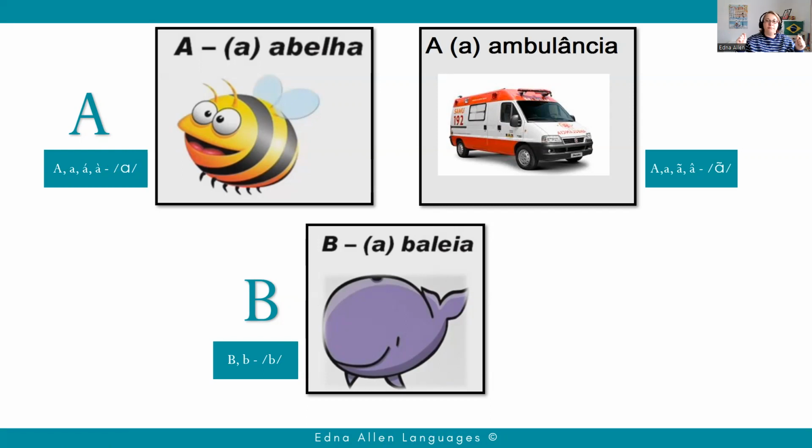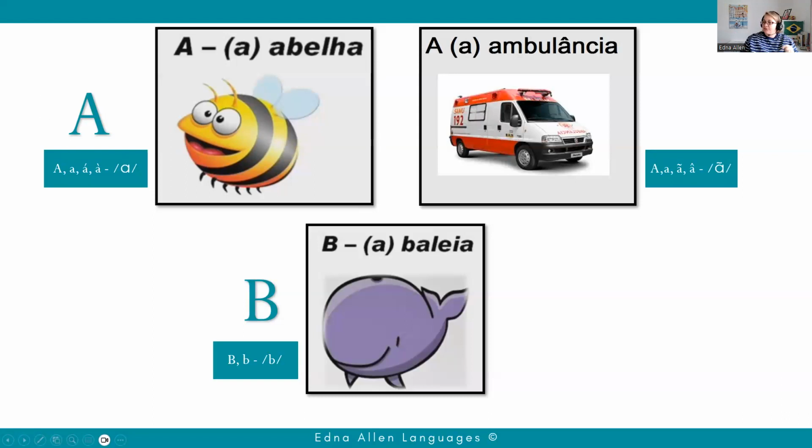Certo? Ambulância. Tudo bem? It will never be A or any other sounds like you would do in English when you have an A and you pronounce it A, right? But in Portuguese, we do A or A abelha, a ambulância, certo?